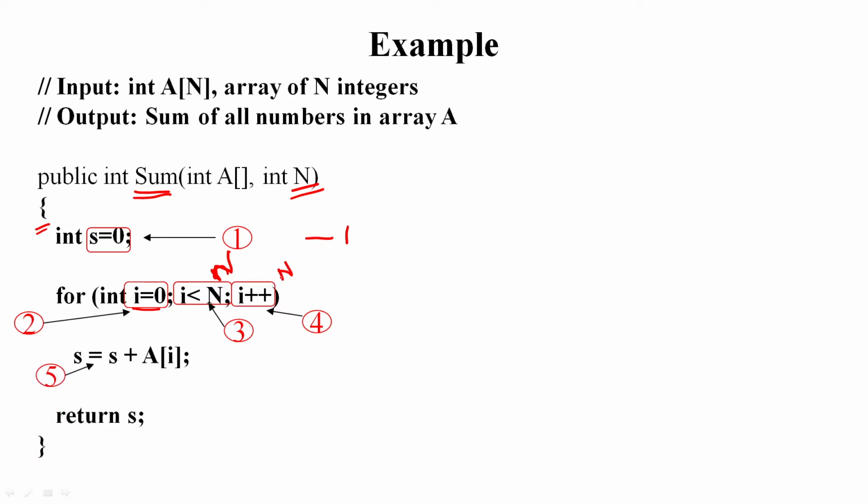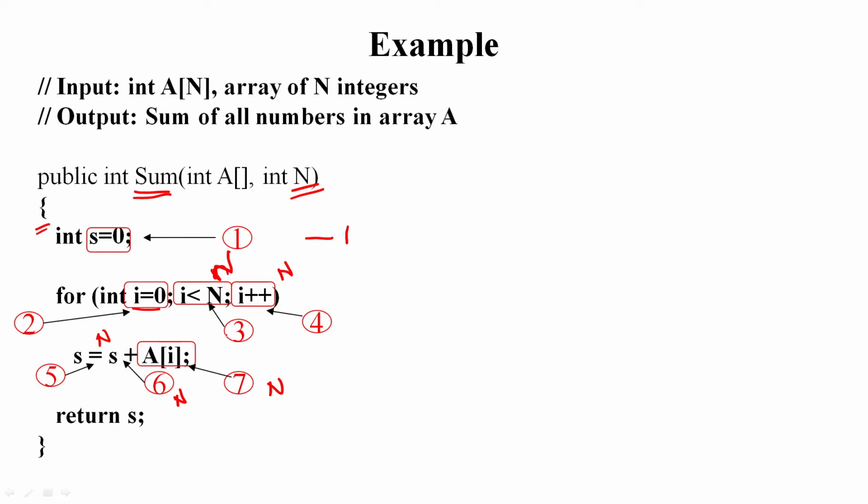Then the assignment operation, the next primitive operation, also runs n times. Then the addition operation, the sixth primitive operation, executes n times. Then array indexing is the seventh primitive operation, which is also executed n times.